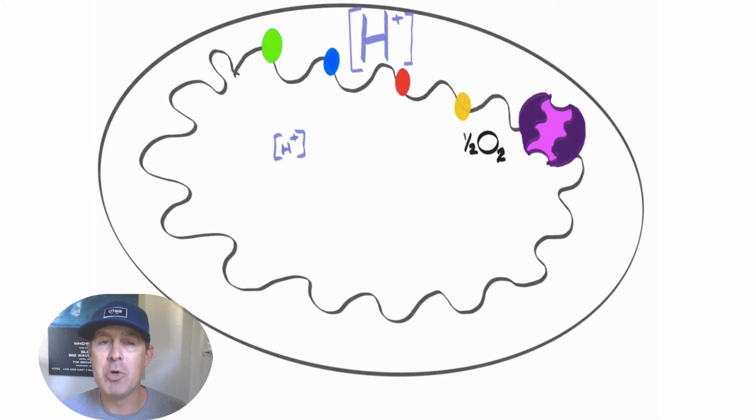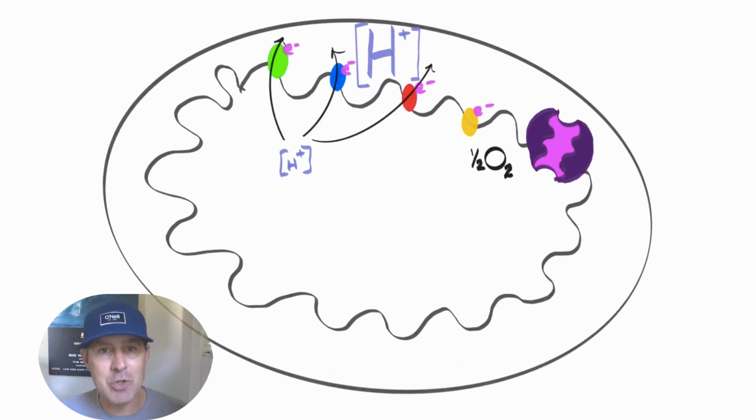If we want to move the hydrogen ion from the matrix to the intermembrane space, that is going to require energy because we're moving against its chemical gradient. And that energy comes from those electrons moving from one protein to the next, and in the process, releasing energy that is harnessed to move the hydrogen ion against its gradient into the intermembrane space.